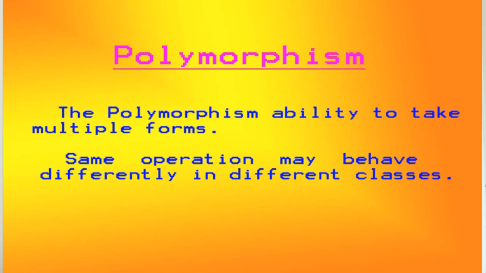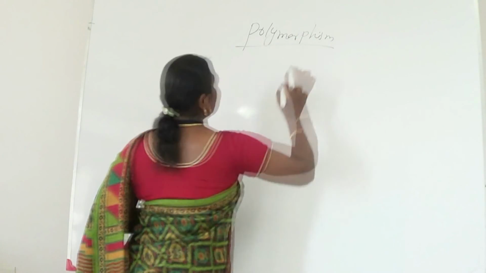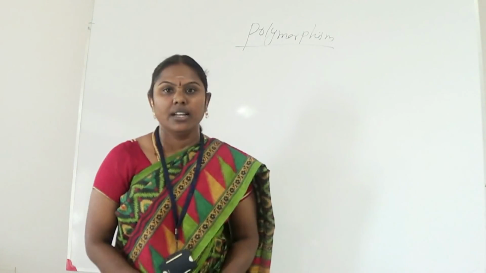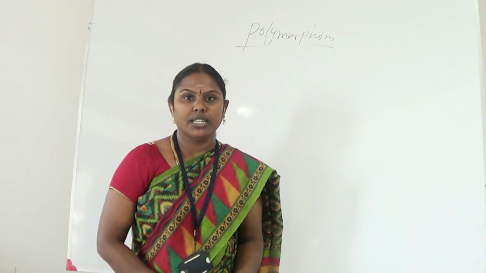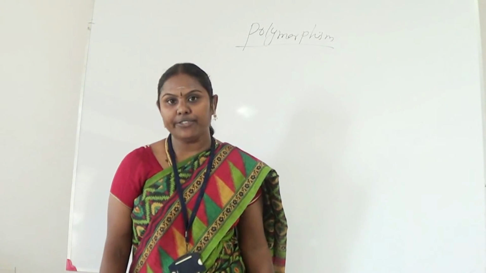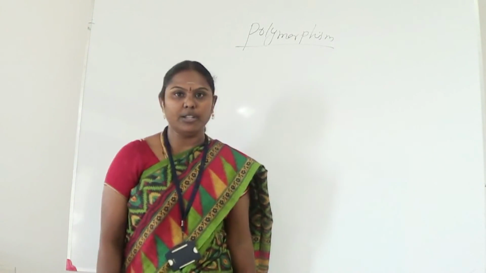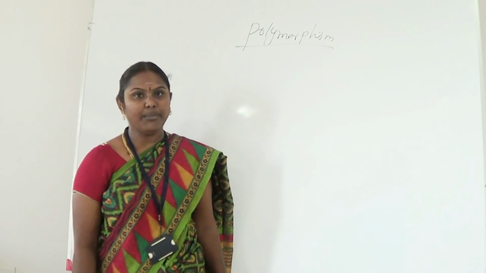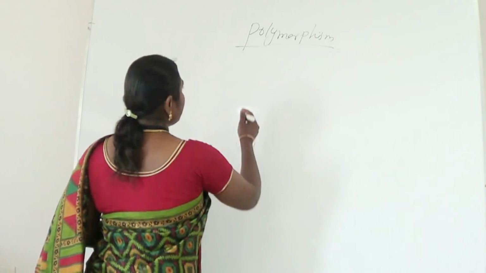Next thing is polymorphism. Polymorphism defines the ability to take multiple forms. That is, the same operation may behave differently on different classes. That's the concept of polymorphism. Let us consider an example for polymorphism.